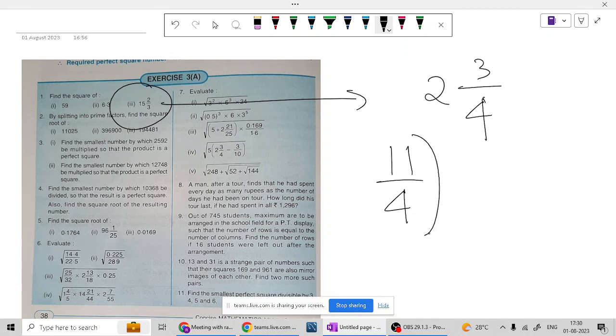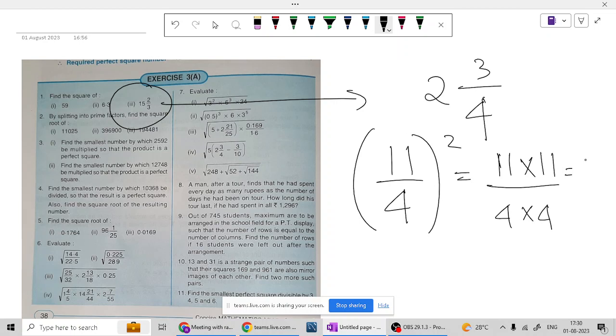First, you have to convert it like this into a fraction. Then you have to find the square. What's the square of 11 by 4? 11 into 11 by 4 into 4, sir. So it will be 121 by 16. Good.